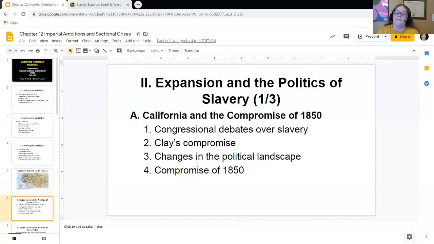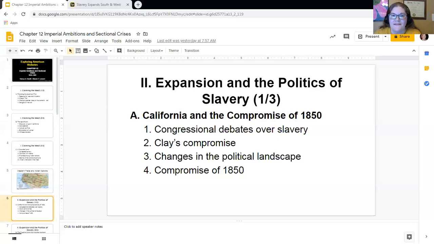So Henry Clay, you may recall Henry Clay, who was the nullification senator from Texas. I'm sorry, the nullification senator from Kentucky. Henry Clay proposed a compromise, and Henry Clay, again, as this nullification senator, believed that if a state did not like a federal law, the state should be able to write their own law that was in contrast to the federal law, bring it to a vote in the state Congress, vote on it, and if it was passed, that the state should be able to ignore a federal law.